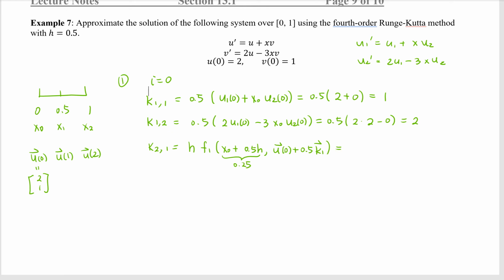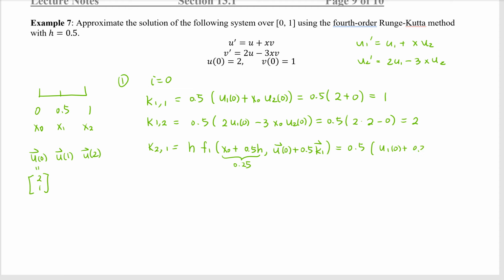So what is this? Well, h is 0.5, f1 is u, but here instead of u, we want to do u of 0. So that is u1 of 0 plus x. The x0 is not this x, replace x by 0.25.